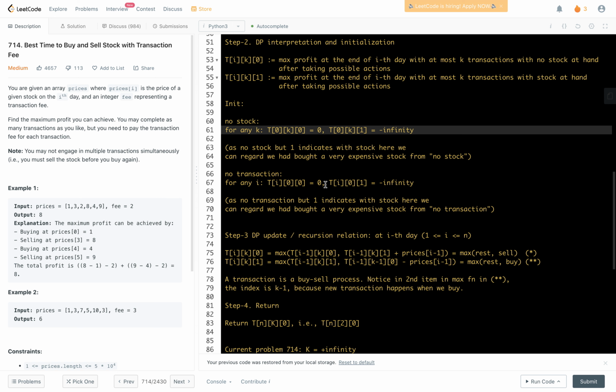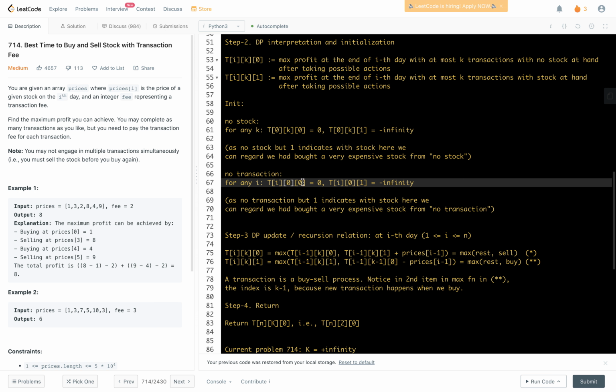So another initialization is for K equals 0, that is no transaction. So for any I, we are going to have TI00 to be 0. The reason is that we have no transaction, but we end with no stock. That's normal, so we have 0. And the other is TI01 is negative infinity.